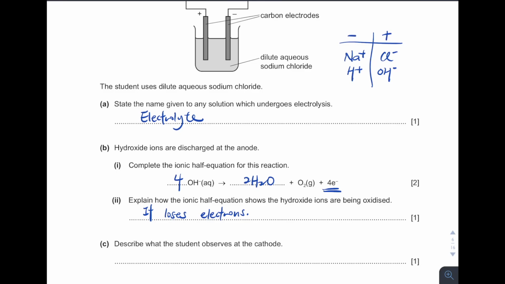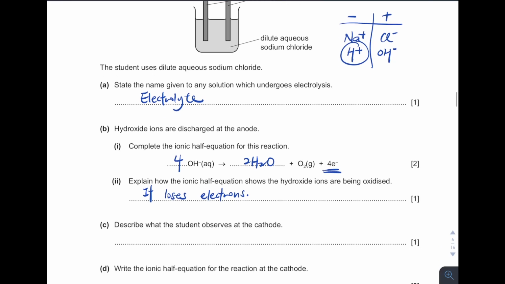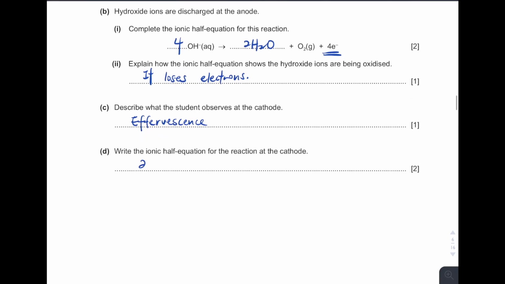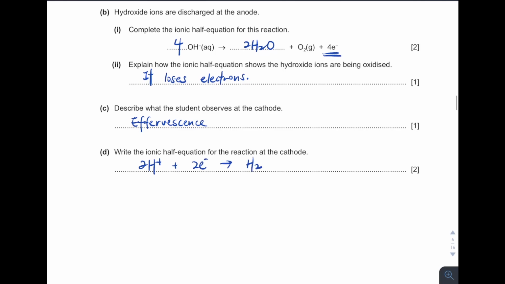This is a dilute electrolyte. Always pick the one that is lower in the reactivity series. So which one is lower? Hydrogen. So when hydrogen gets selected, what's the observation? Effervescence. Of course, you can also write colourless gas bubbles form. Both are acceptable. Then the ionic equation: hydrogen gains electrons to form hydrogen gas, H2.